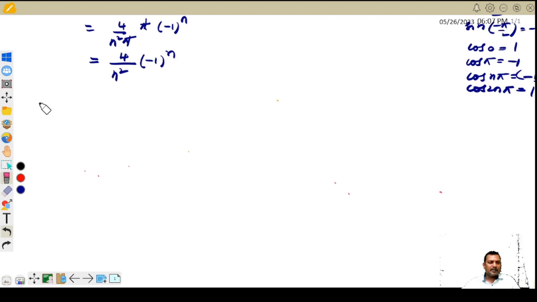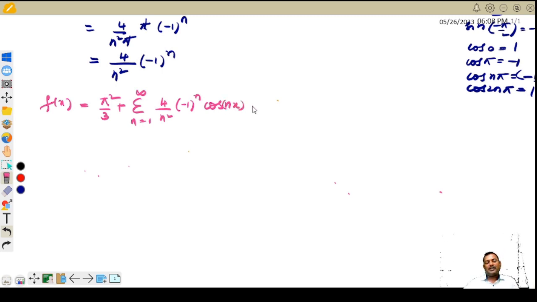Now, the required Fourier series becomes, by substitution of a naught and an value, f of x is equal to a naught by 2 value, which is pi square by 3, plus summation n runs from 1 to infinity, an value is 4 by n square into minus 1 whole raised to n into cos nx, and you know that bn value is 0 because of even function.